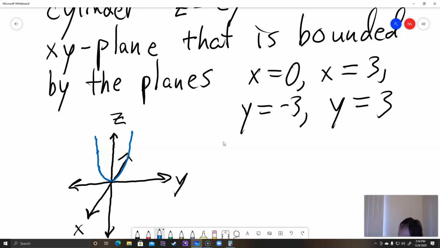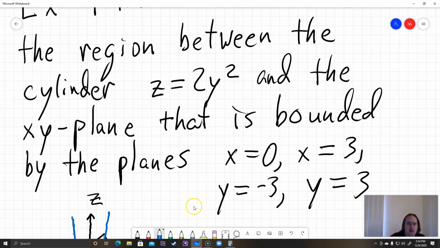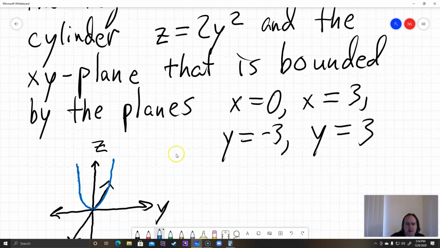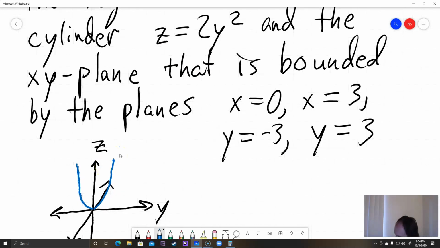Okay, that's fine. I'm a terrible artist, as you can see. You already knew that. But that is the zy plane. Okay. And we want the cylinder, when they say cylinder, they mean z equals 2y squared, is that right there, that I sketched right there.